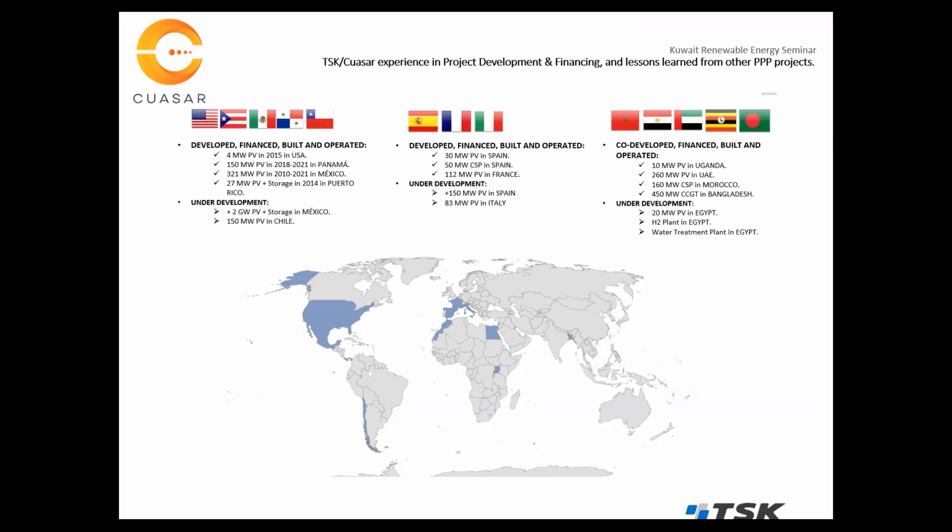Mexico for us is a key market, but it's a clear example of what we will discuss a bit later, and what we should try to avoid here in Kuwait in terms of regulatory instability, since the current government has tried to change the electrical law, therefore jeopardizing investments that many developers had already incurred during all these years.